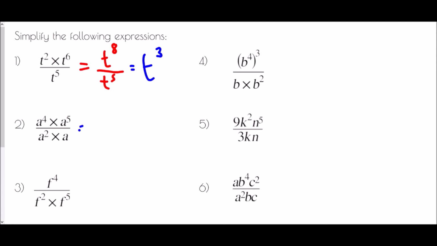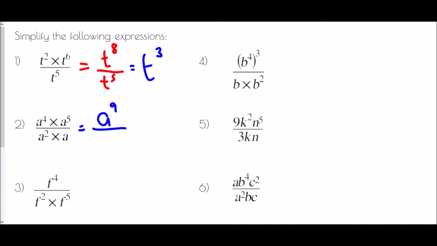In question 2, we've got the top and the bottom of the fraction. We need to deal with each of them separately to begin with. So a to the power of 4 times a to the power of 5, well that means we want to add the powers together, so that's a to the power of 9. And on the bottom, we've got a squared times a. Now, importantly here, if this is a, we can think of that as having its own power.